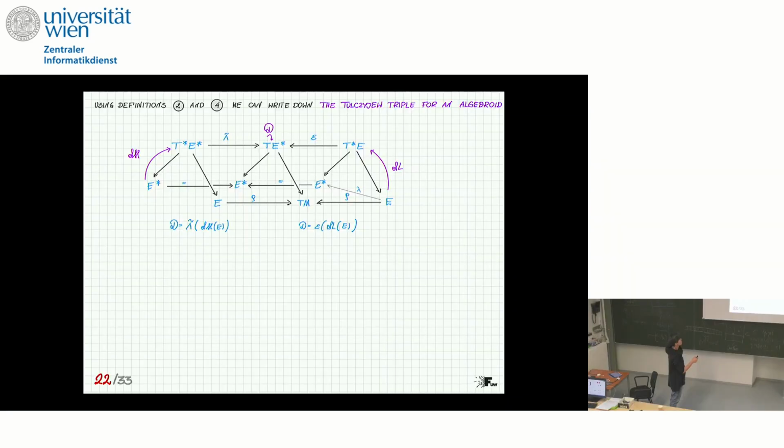And the other definition, number 4, was that a Lie algebroid also can be defined as a certain double vector bundle morphism that resembles the Lagrangian side of the Tulczyjew triple.